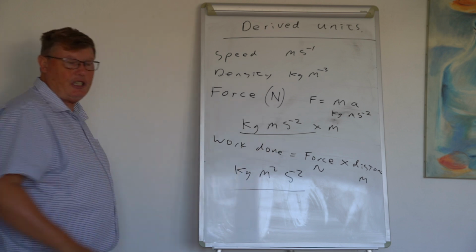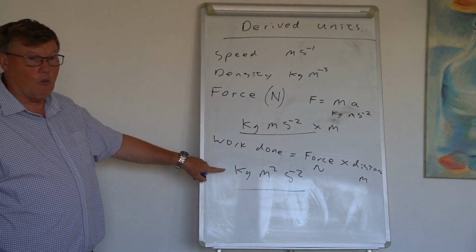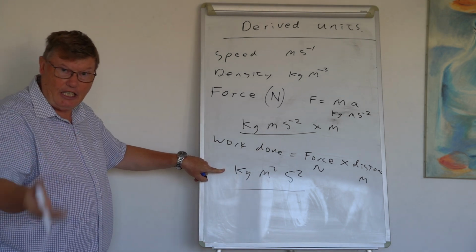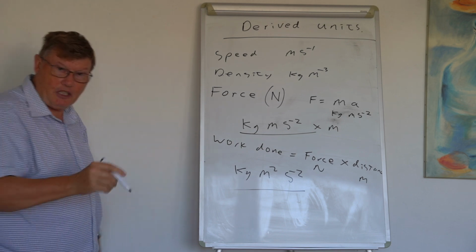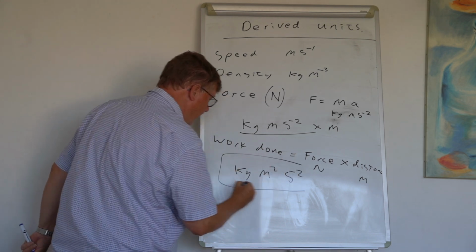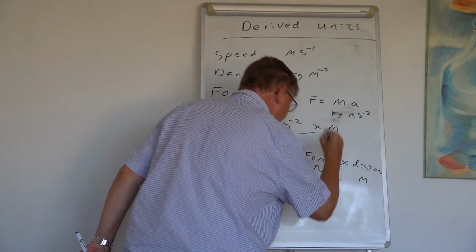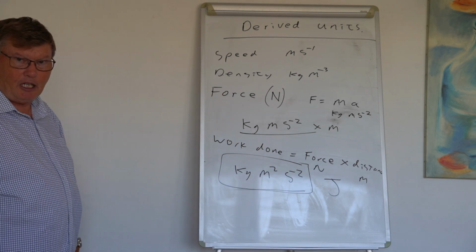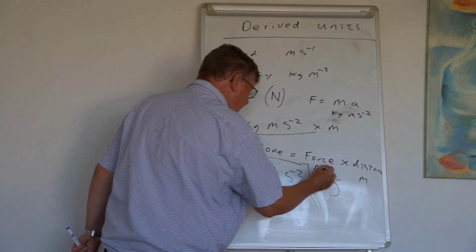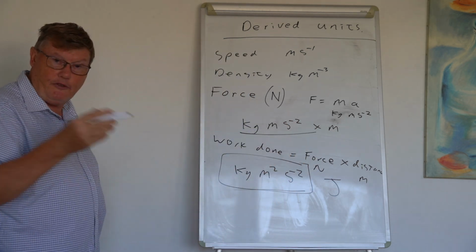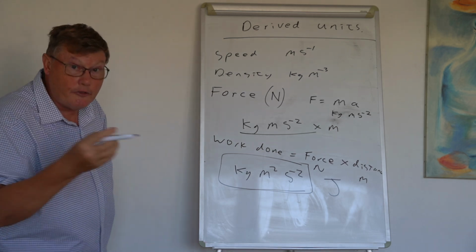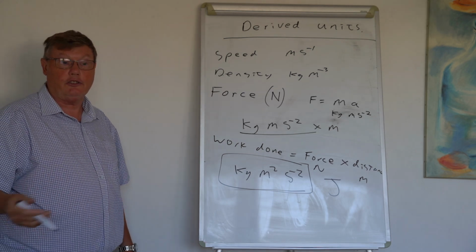And whenever you see that, you know you're looking at work done, also known as energy, and therefore the unit that we can use, instead of writing all of that, we can write J for joule, named after James Joule. Joule being the derived unit for the derived quantity of energy stroke work done.